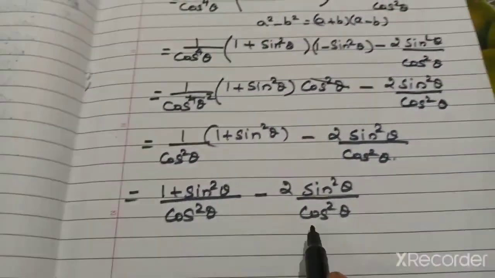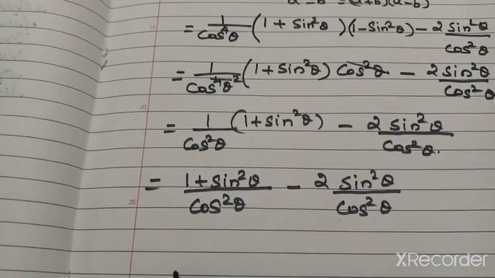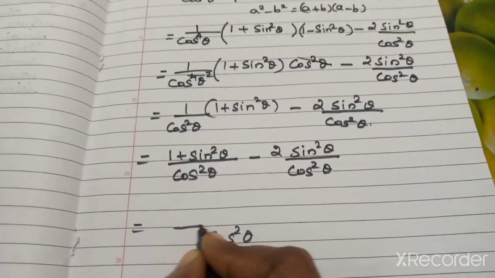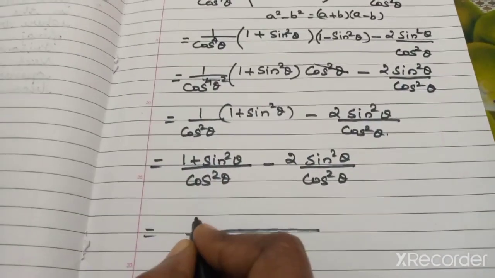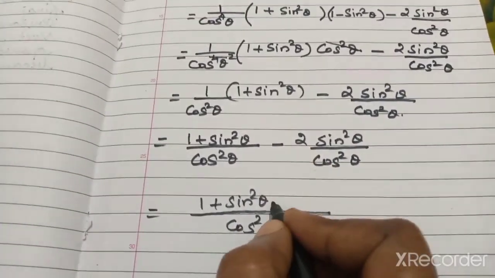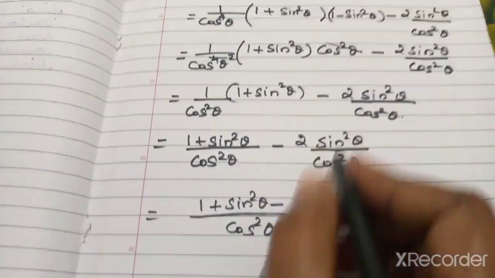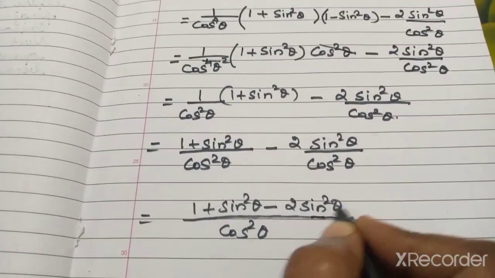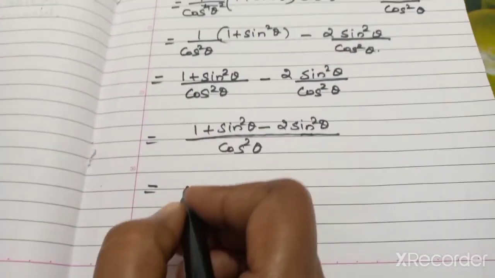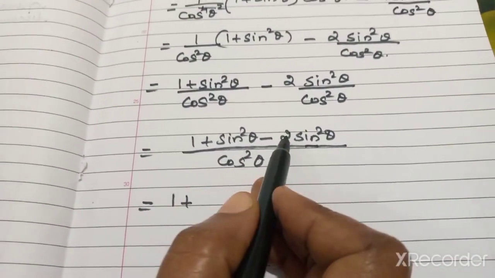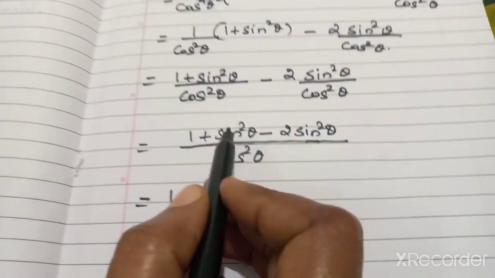Let's take the LCM of these denominators. There is same denominator, so cos square theta, numerator can be as it is, can be written 1 plus sine square theta, minus 2 sine square theta, which is equal to now 1 plus, here 1 sine square theta minus 2 sine square theta. We know 1 minus 2 is minus 1.